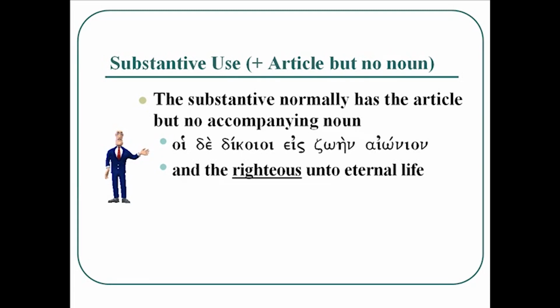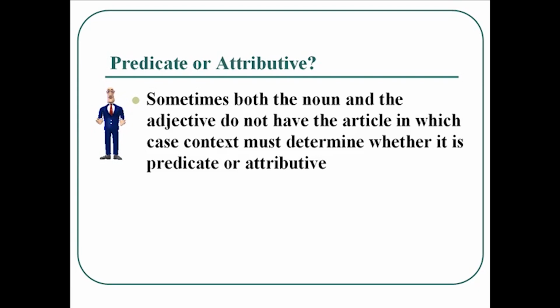noun form. Now sometimes when the adjective does not have the definite article and the noun doesn't have an article either, it may be either predicate or attributive. And so there's some ambiguity in that case, so the context must be used to determine whether it's predicate or attributive. And sometimes even the context won't give it to you.